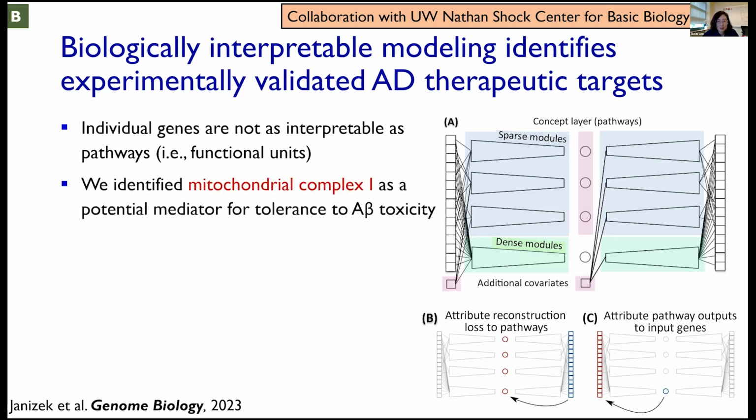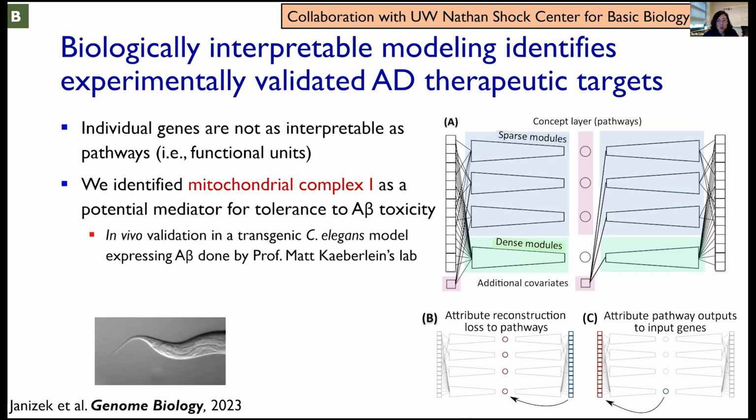This led us to an amazing finding that mitochondrial complex 1 is an important potential mediator for tolerance to amyloid beta toxicity. Basically, oxidative phosphorylation, one of the pathways in this bottleneck layer, turned out to be really important. That's how we got from the gene expression data set from post-mortem brain, where some have Alzheimer's and some don't.